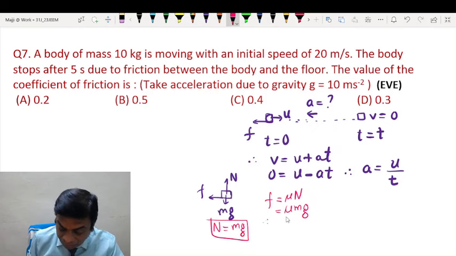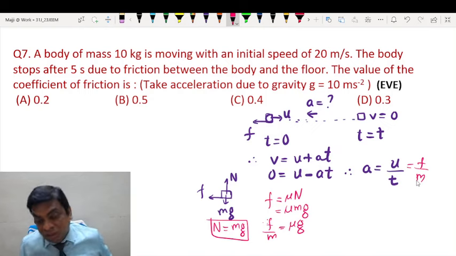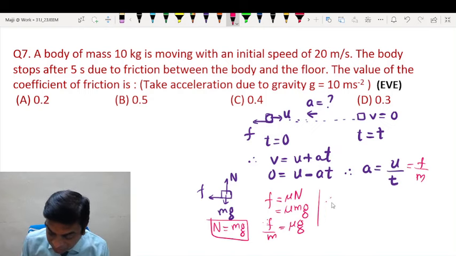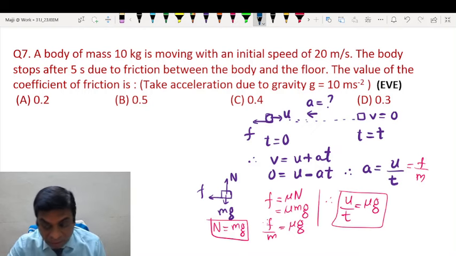So therefore, the numeric value of retardation is force by mass. Here you can see force by mass is mu into g. So always remember, retardation due to friction is mu into g. This formula you can memorize, which will be helpful again and again.